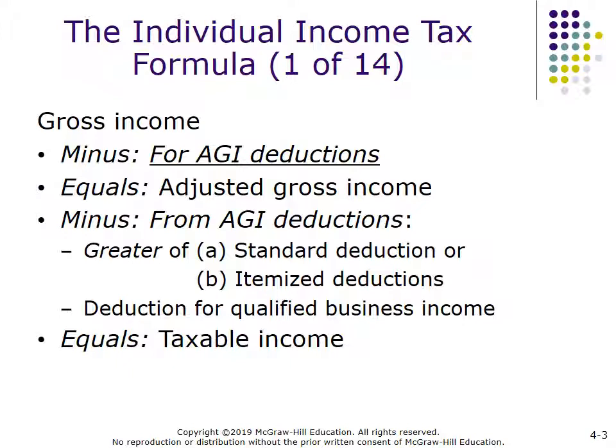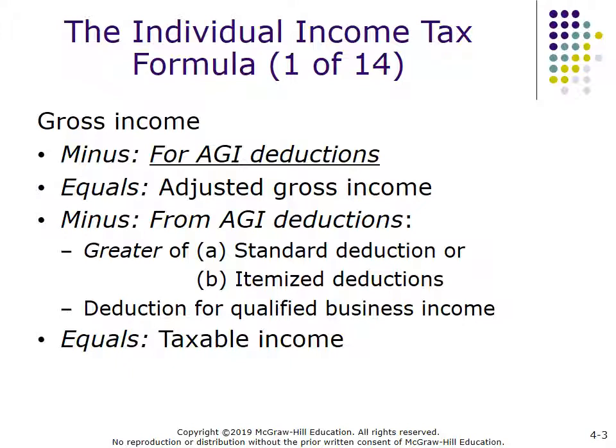In lines 7 through 21, we have gross income. Then in the next few lines, like 23 through 30, maybe even 34, we have minus deductions for AGI, or adjusted gross income.